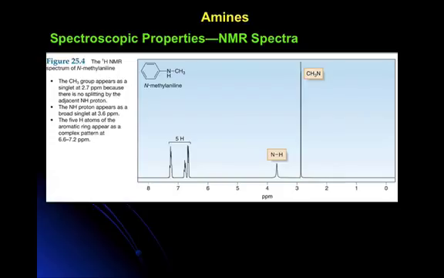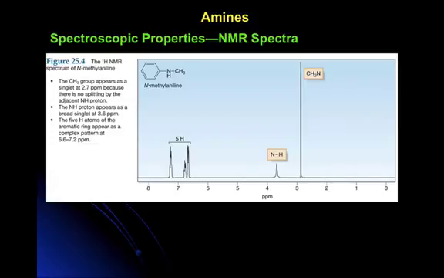In the NMR, the hydrogen that's attached to the nitrogen quite frequently appears as a broad peak that does not couple to its neighbors. If you look at this, you would say, well, that CH3 group, that methyl group, has 1 neighbor, so it should appear as a doublet, right? But in fact, it appears as a singlet.